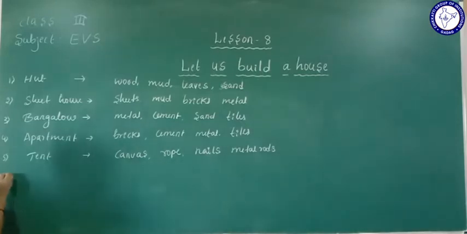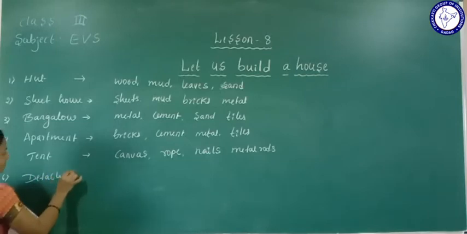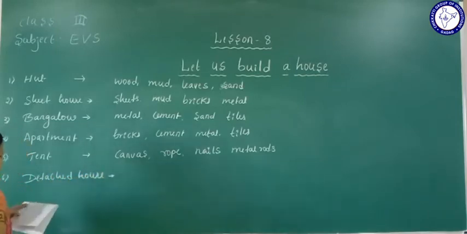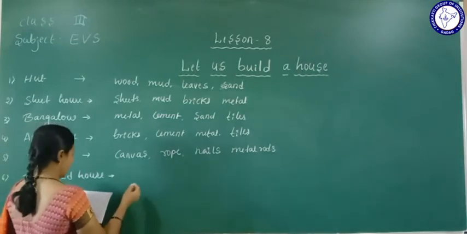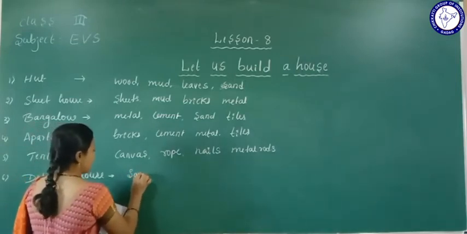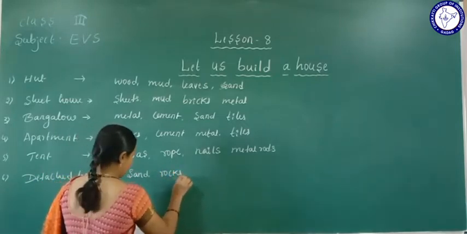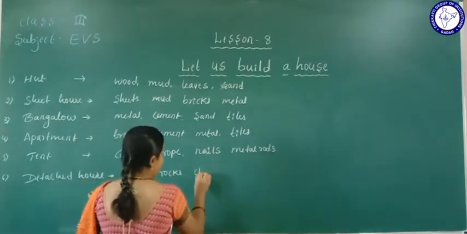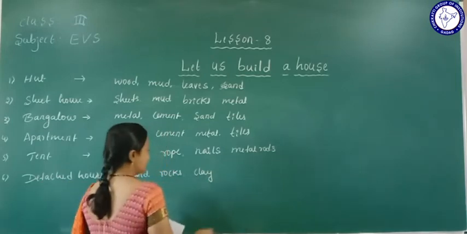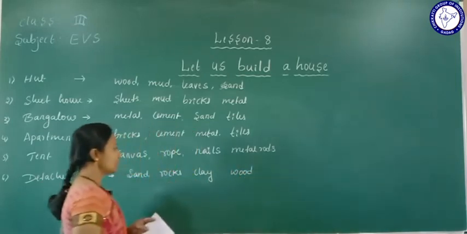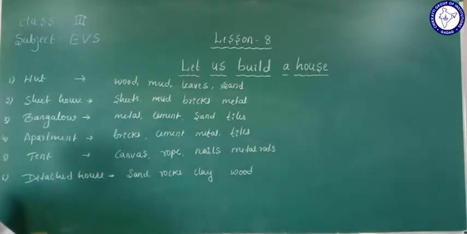Next one, the detached house. For this we use sand, rocks, clay and wood. So these materials are used to build the detached house.